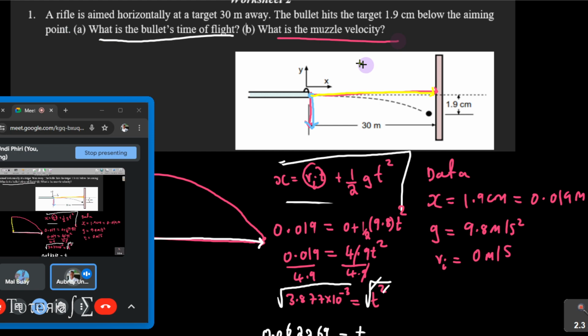So now when coming to answer our question 2 here, question 2 asks us to find the muzzle velocity. The muzzle velocity is the velocity the ball is starting with. So the vertical velocity, that's the muzzle velocity here. For the vertical velocity, we use the vertical displacement.